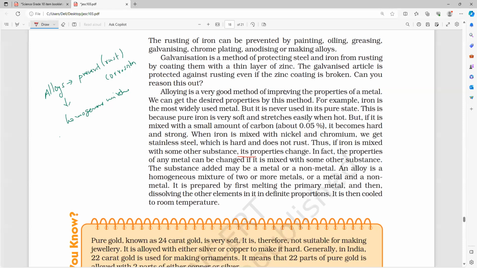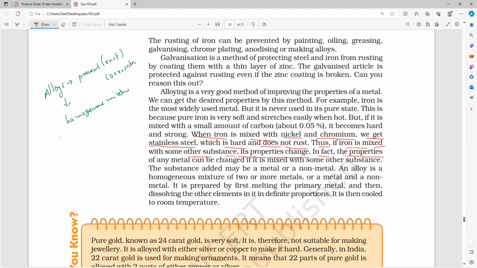You can see here. When iron is mixed with nickel and chromium, we get stainless steel, which is hard and does not rust. Thus, if iron is mixed with some other substance, its properties change.